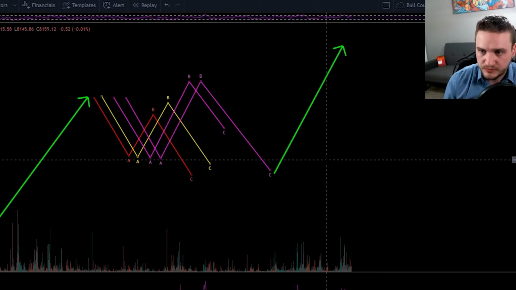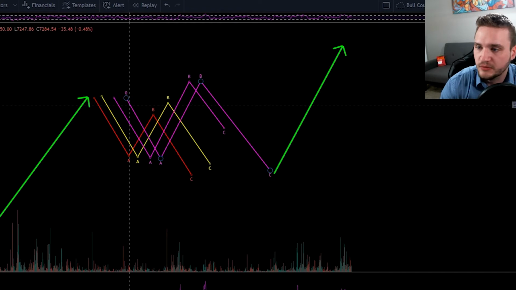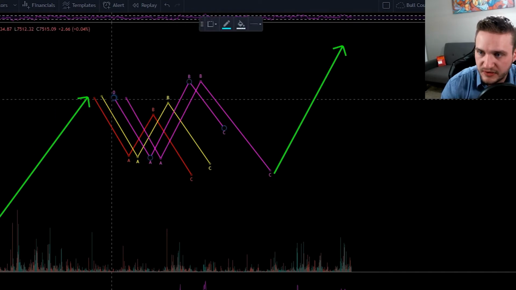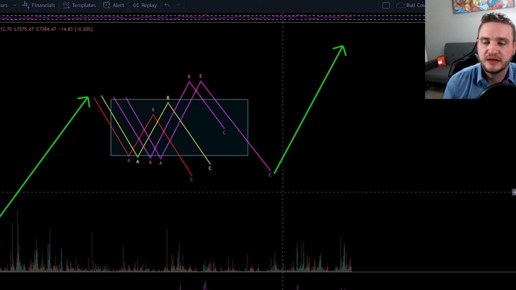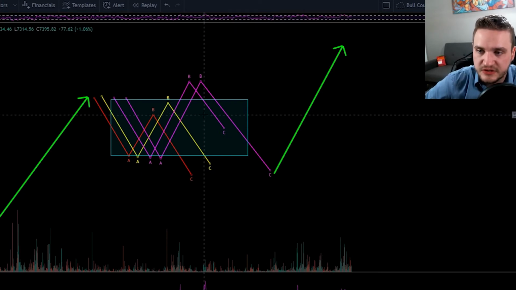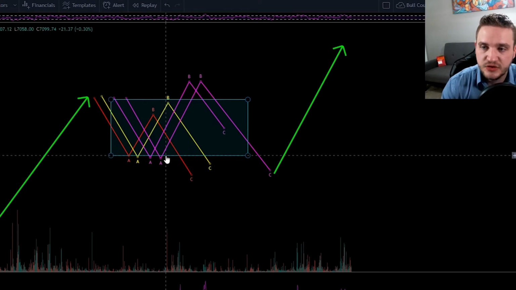Okay, so when we're looking at this here, we want to stay out of this territory here. Okay, so the center of the territory, this is where when we get complex corrections adding together, it gets really choppy. You get stuck in the middle. Your stops are too tight. You get wicked out.